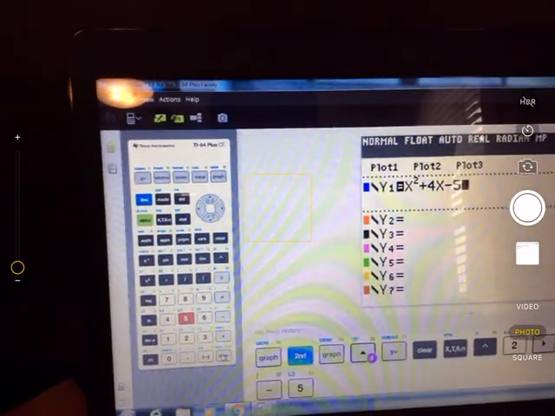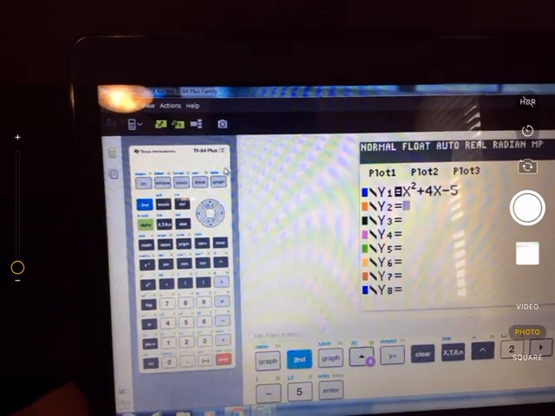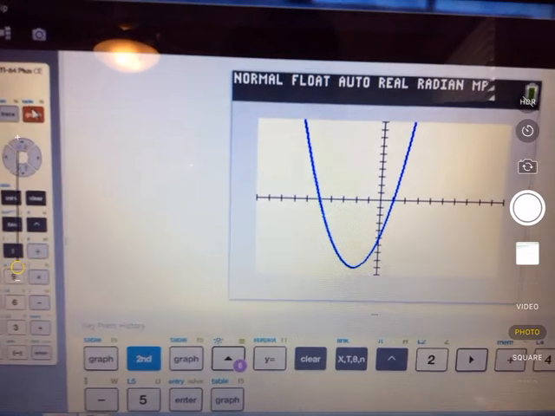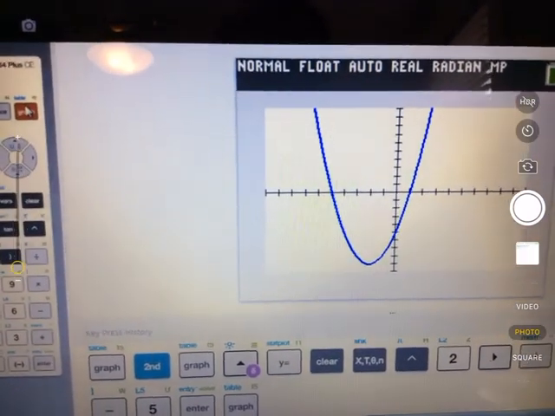We are going to press enter. We are going to view the graph.